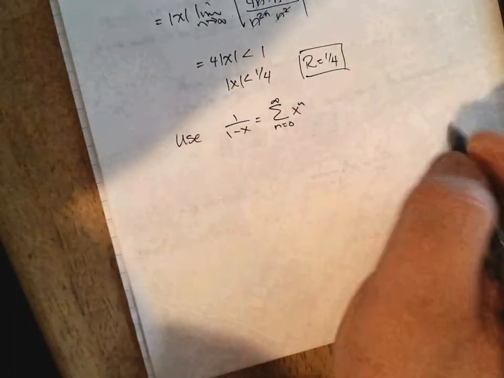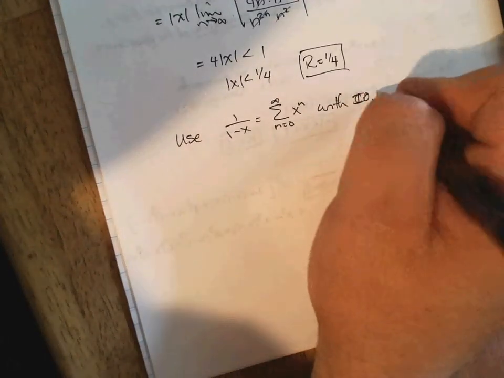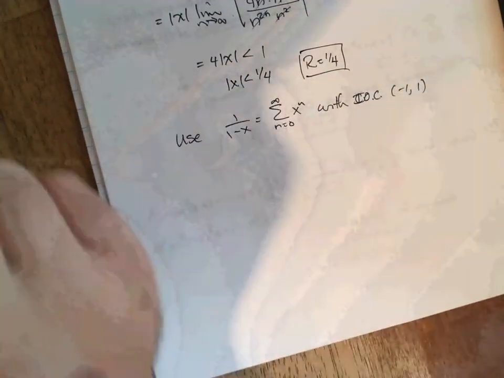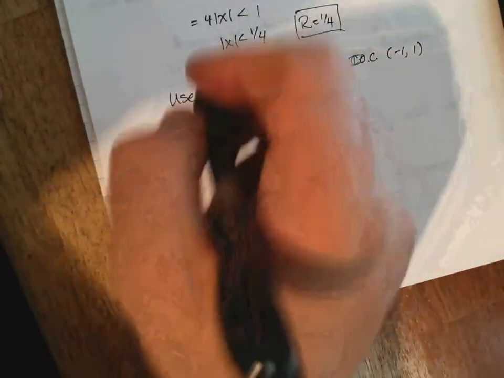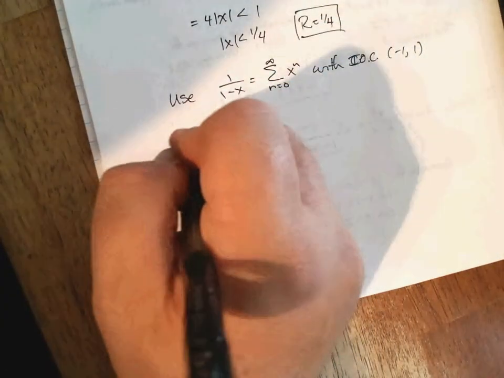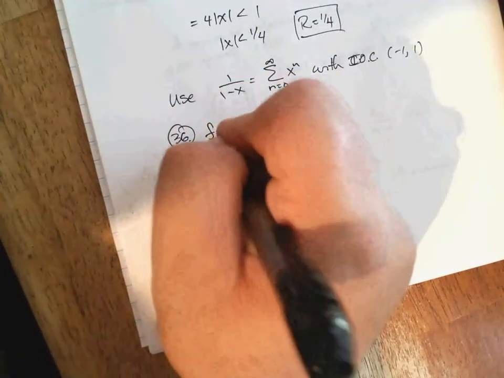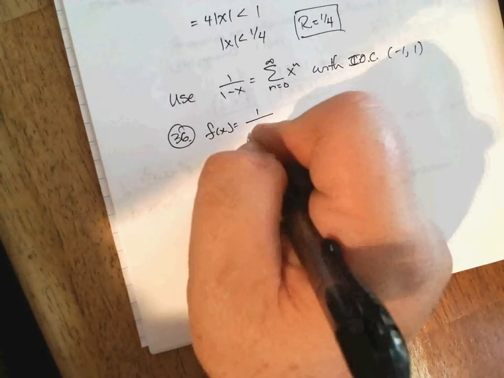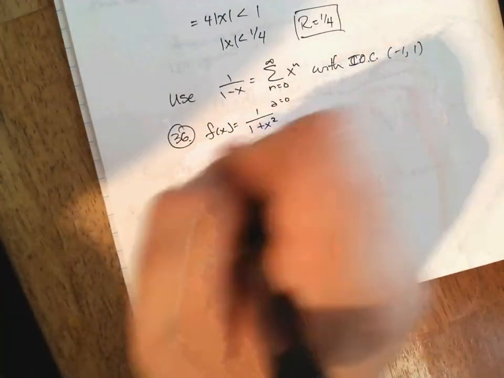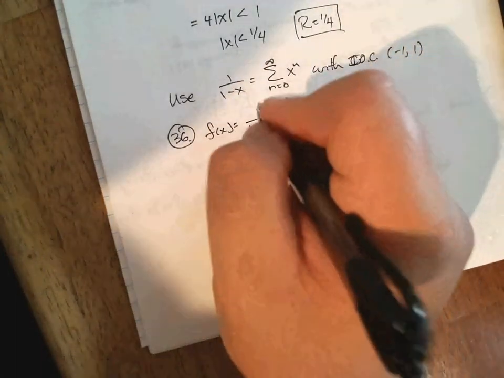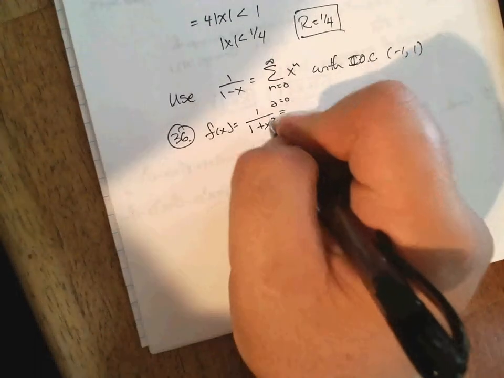On the next two, use the fact that 1 over 1 minus x is this sum, with that interval of convergence from -1 to 1, to rewrite the power series given to you. In 36, the function you're given is 1 over 1 plus x squared. And of course that's centered at 0.